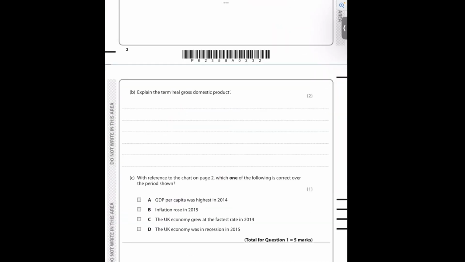Explain the term real gross domestic product. Okay, so anytime you see the term real, that just means accounting or adjusted for inflation.